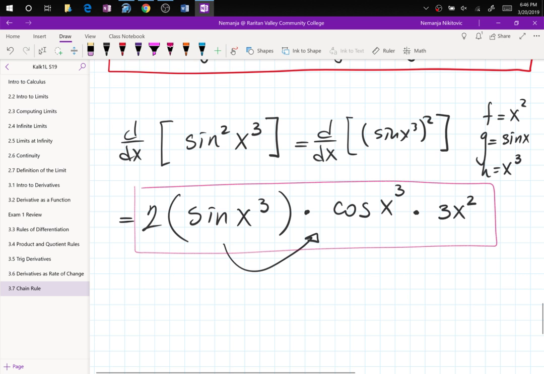No. Remember when I said 1, 2, 3? Well, 1, 2, 3, and you stop. If you have 4, 1, 2, 3, 4, stop. What is the function that will yield the derivative of 0? Constant, right? So you don't get to beat this up until it's 0 at the end, right?